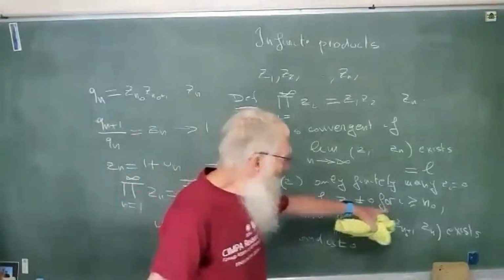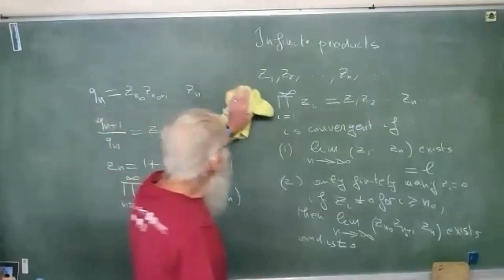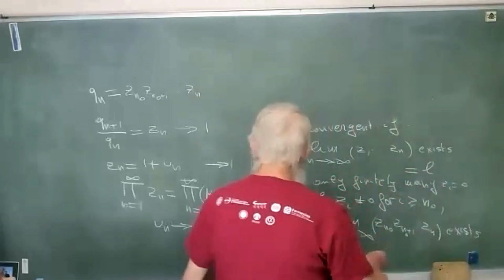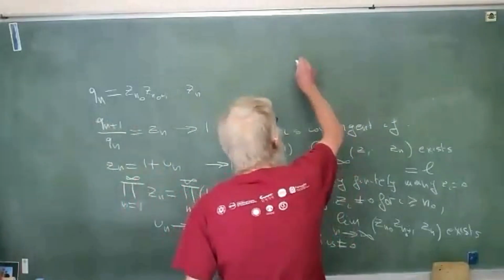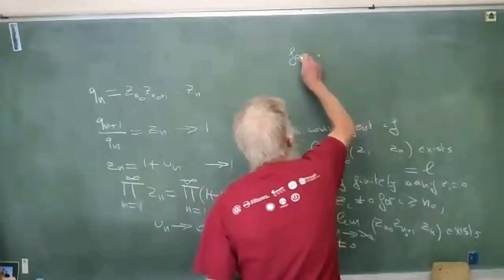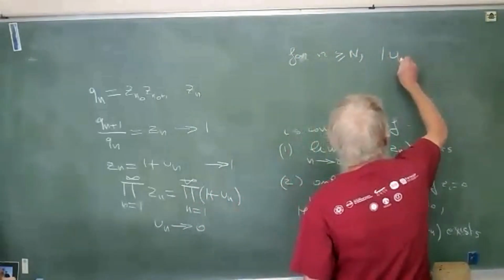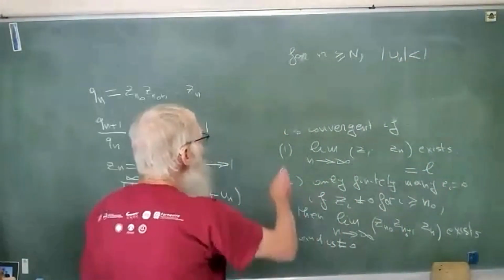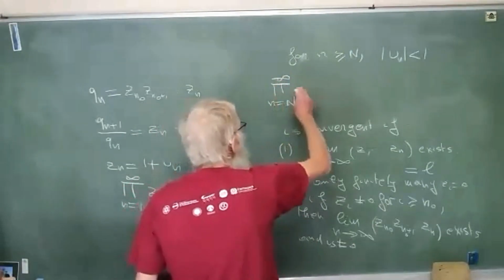Maybe a little bit larger than n0, but sufficiently large. We have the first part, which is the finite product, and then we have the tail. And so we can assume that for n greater than or equal to capital N, un is less than 1, because un tends to 0.